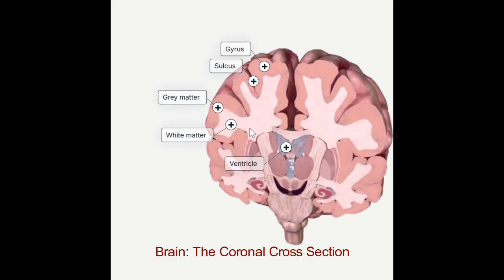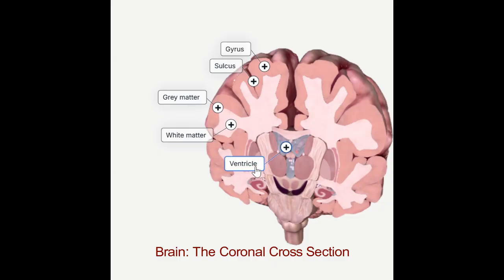The white matter contains the insulated neuron projections called the axons. There are also spaces within the brain called the ventricles.